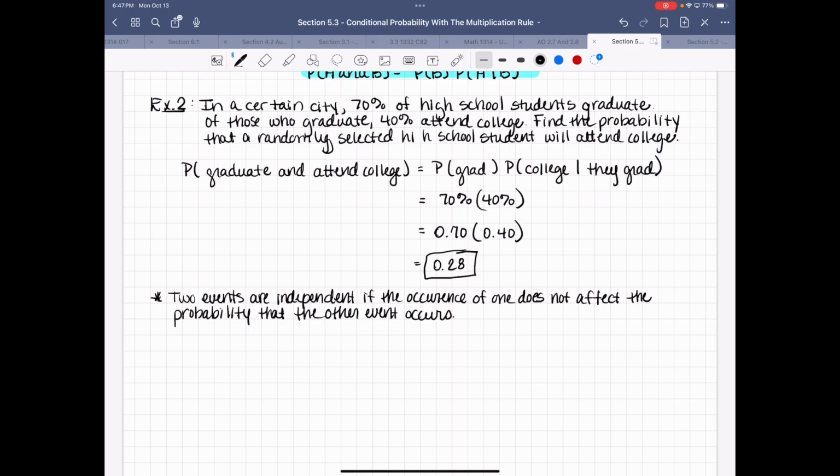Yes. If two events are not independent, we say they are dependent.